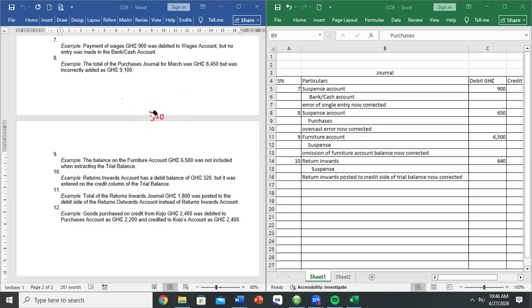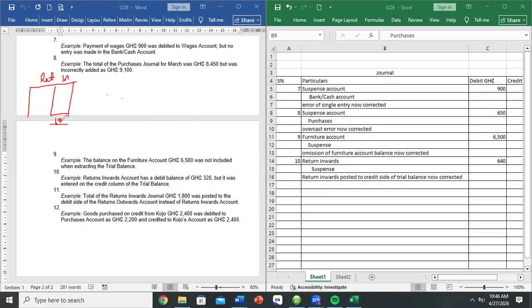So you see again, it's taking us to the day books, right? Specifically the return inwards book. So let's assume that the total was 1,800, which means total return inwards was 1,800.